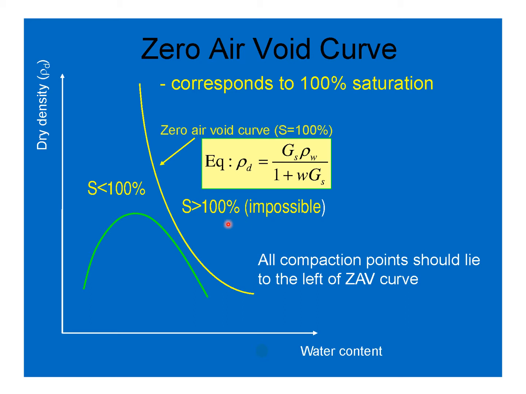So your soil is present in the region where the degree of saturation is less than 100%, and obviously on the zero air void curve we have 100% saturation. To draw the 100% saturation curve, we can use this formula.